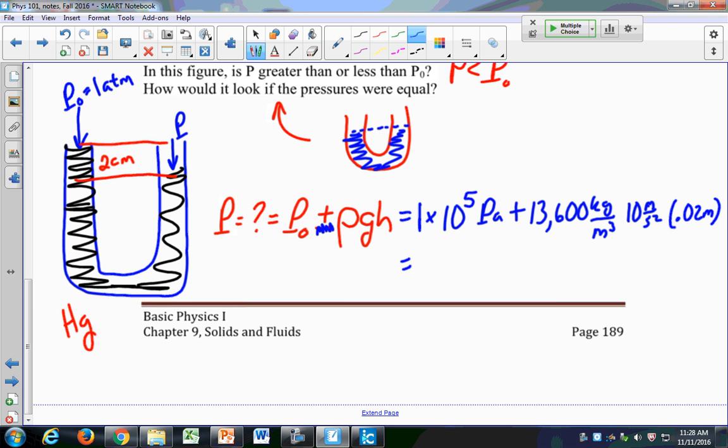And then that works out to be whatever it is. You get 103,000-ish.